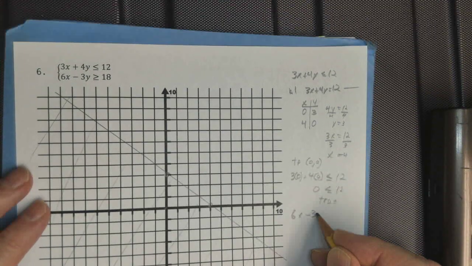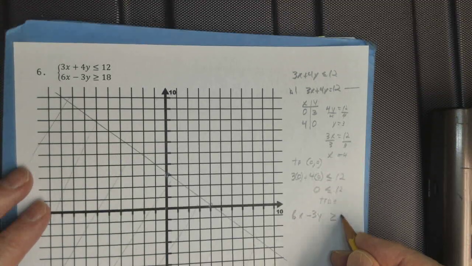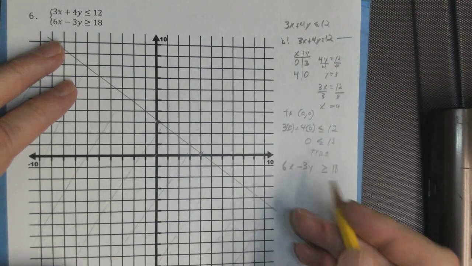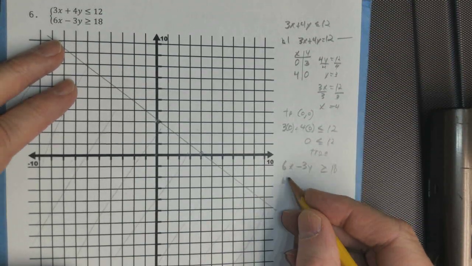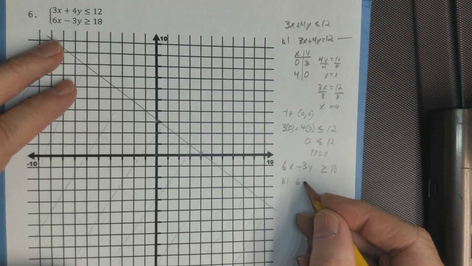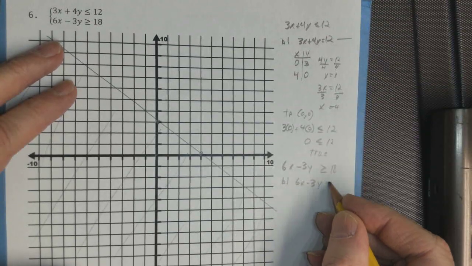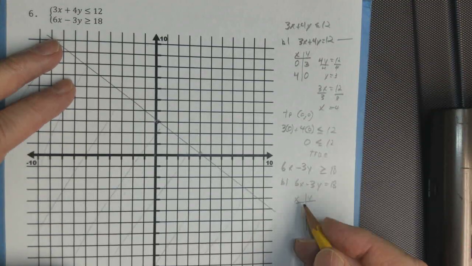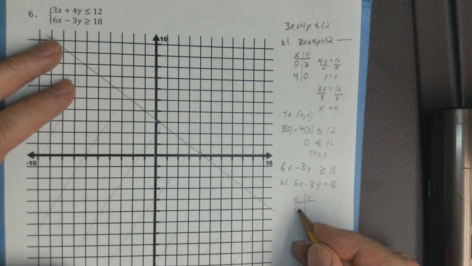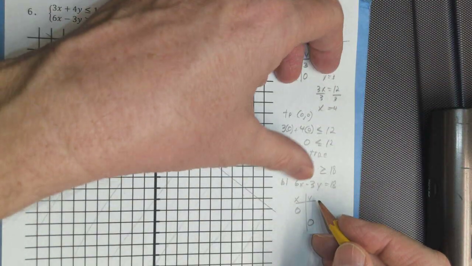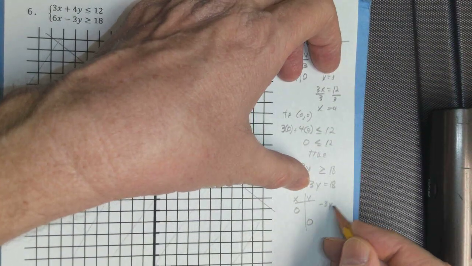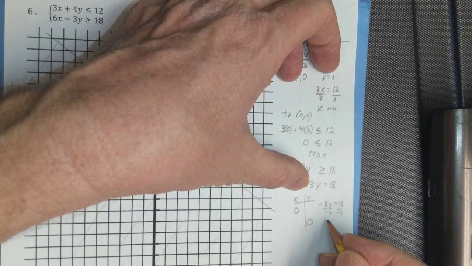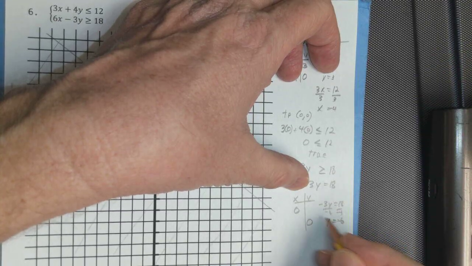6x minus 3y is greater than or equal to 18. And the boundary line is 6x minus 3y equals 18. Doing this again, when x is 0, negative 3y equals 18. Divide by negative 3, you get y is negative 6.